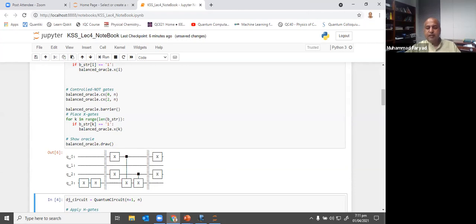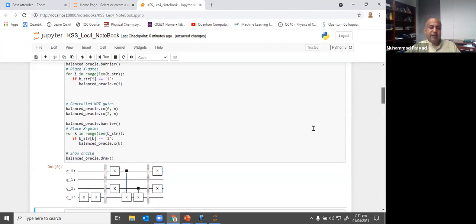You can get even more combinations by selecting these C0 gates at different places, and you can put X gates to flip those bits, but when you put an X gate, you also have to revert it, because the output should be equal to the input. So I would advise you to work out, bit by bit, different combinations of inputs to see that it really implements a balanced oracle.